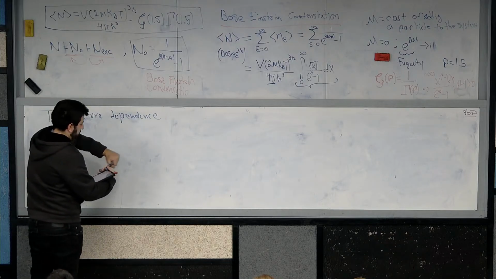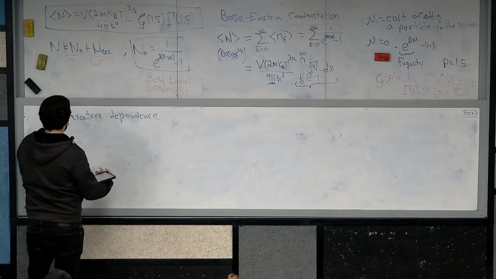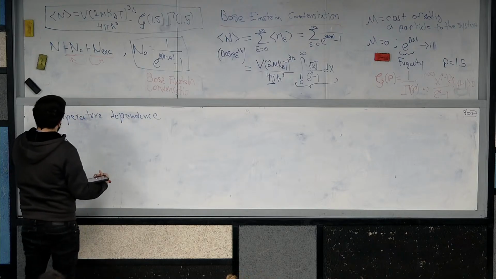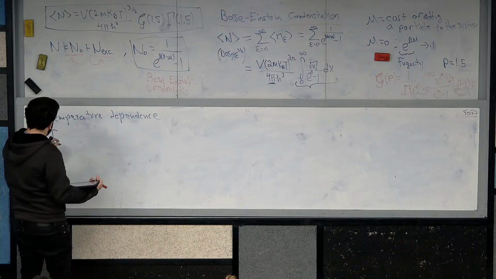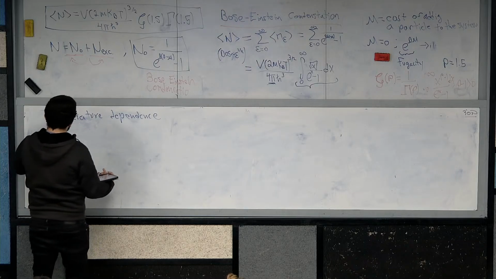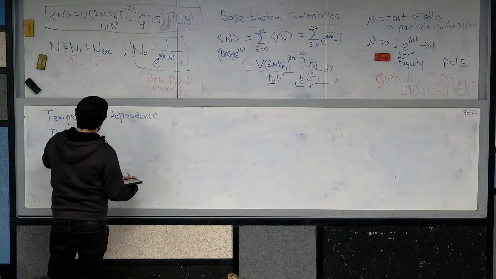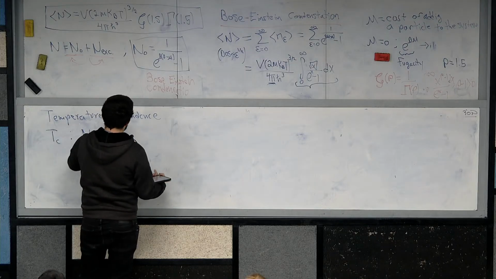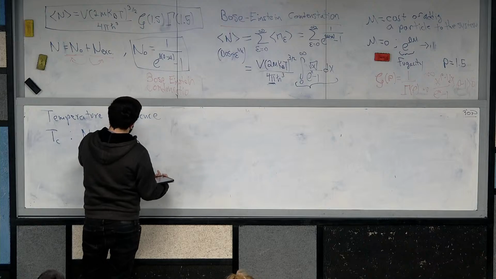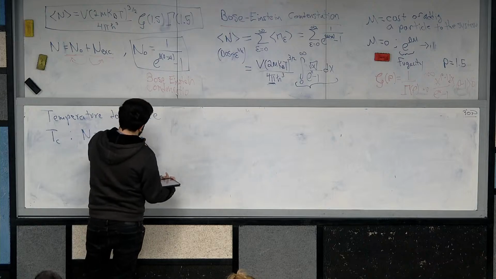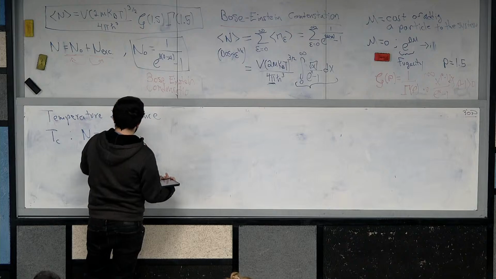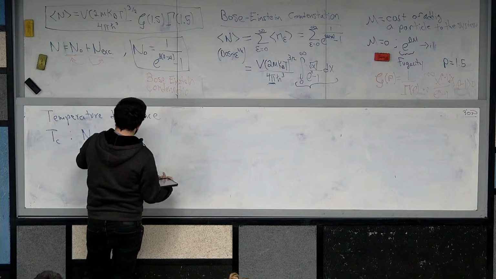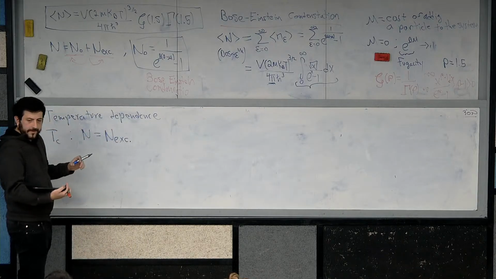So one way to think is that at the critical temperature, slightly above the critical temperature, the number of particles of the system should be the number of particles of the excited states, right? Do you see why?